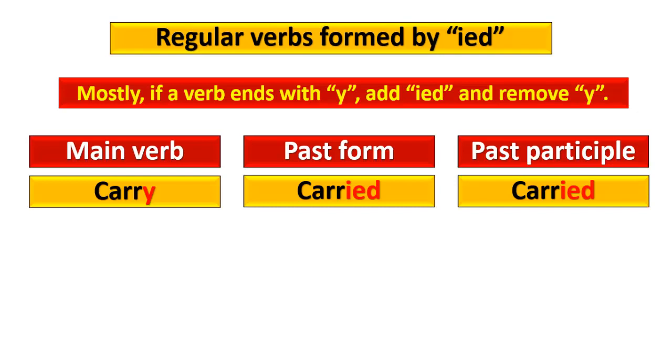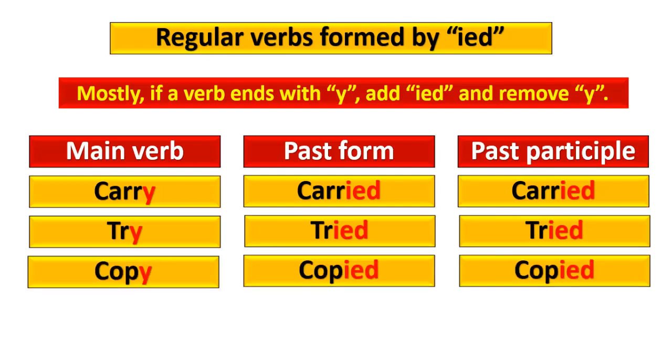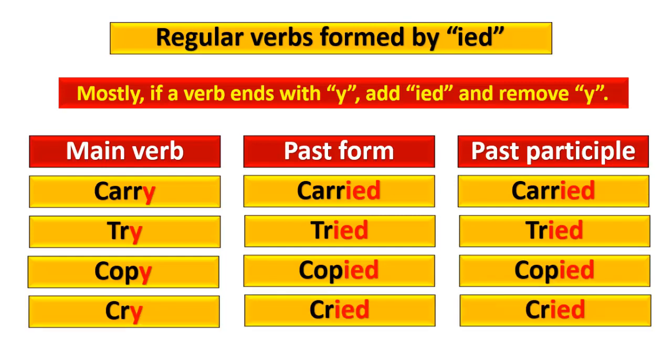Let's look into other examples. Try, tried, tried. Copy, copied, copied. Cry, cried, cried. Here the y of the base form has been changed into ied in past and past participle. So here we understood how to create regular verbs.